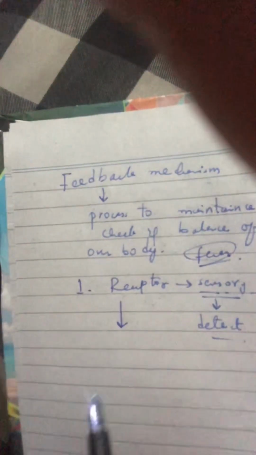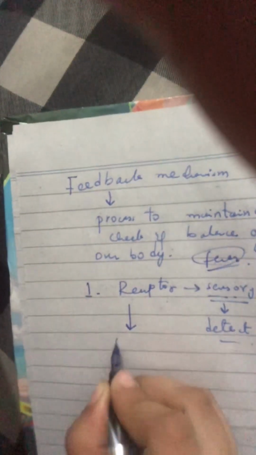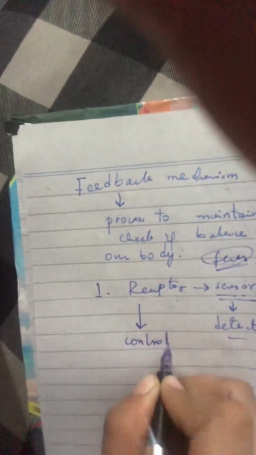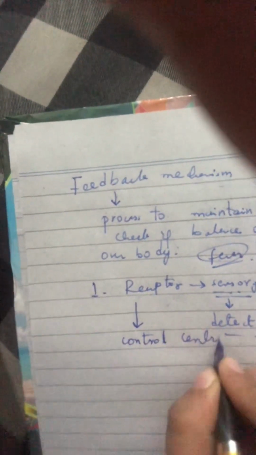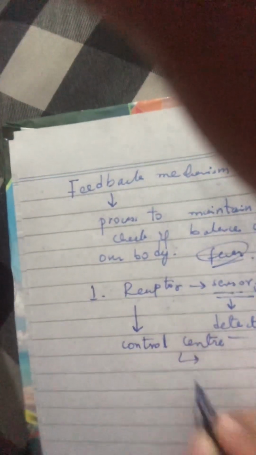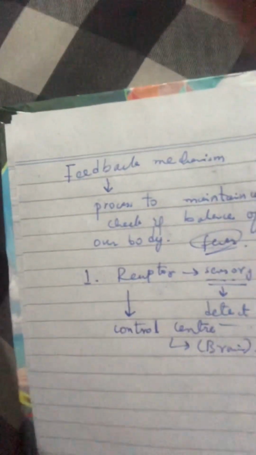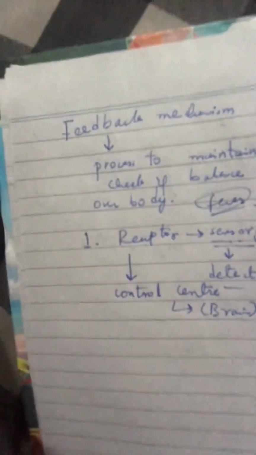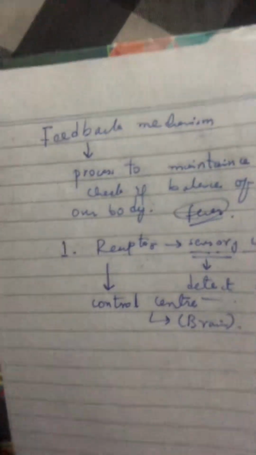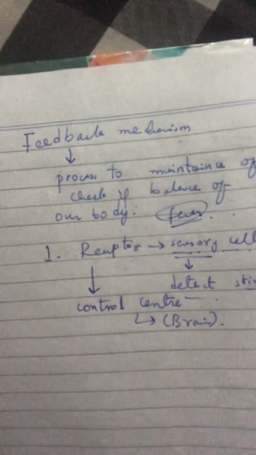Then those sensory cells will go to the control center. They'll convey the message to the control center. Which is the control center? That's the brain. There's only one control center in the human body, that's the brain.